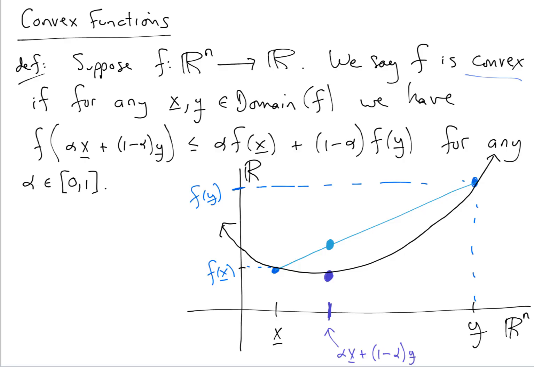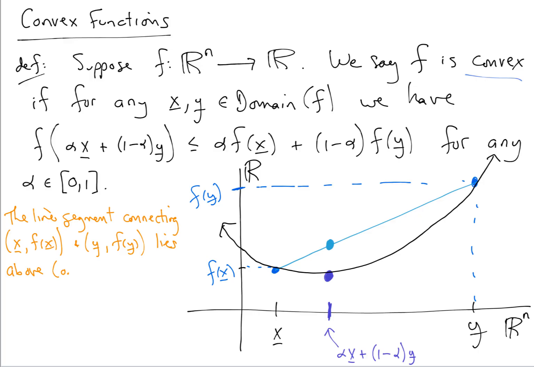Put another way, this definition tells us that the line segment connecting the points (x, f(x)) and (y, f(y)) lies above or on the graph of, we'll say, z equals f(x) over the interval xy.